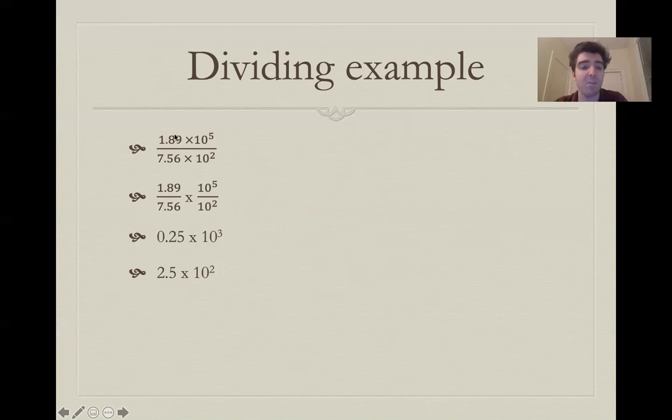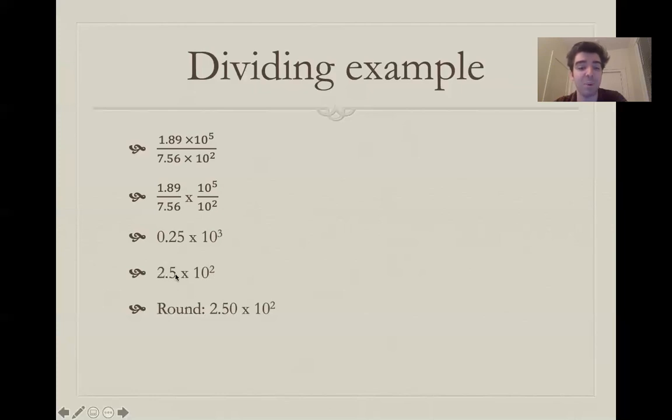If we look back at our two numbers we started with in scientific notation, we see that they both have the same level of precision. They both go out to 2 decimal places. That's nice. Notice that this number only goes out to 1 decimal place. It might be tempting to say, oh, well, I guess we're done now. Actually, you're not. You actually need to add a 0 here. When I say the same level of precision, I mean the same level of precision. It needs to have the same number of decimal places.